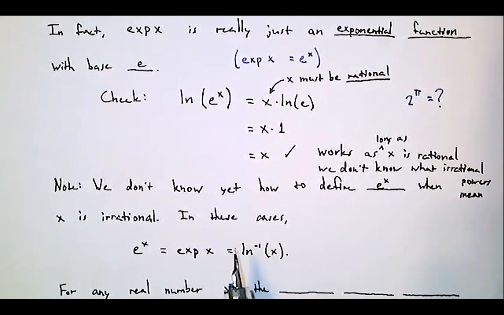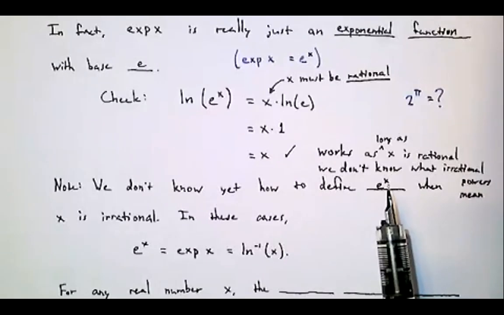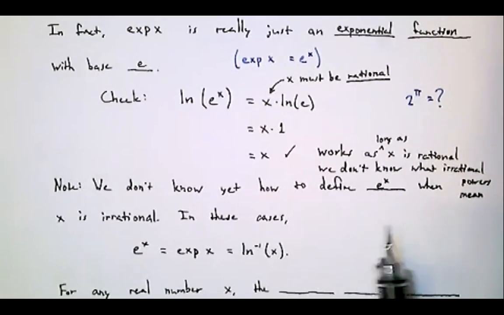So this is actually how irrational powers of anything are defined, because, well, if you have a whole number power like e squared, you would know to multiply e with itself. If you have e to the 1/3 power, you would know to take the third root of e.